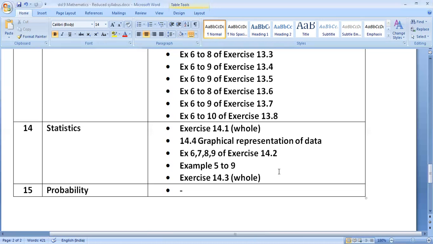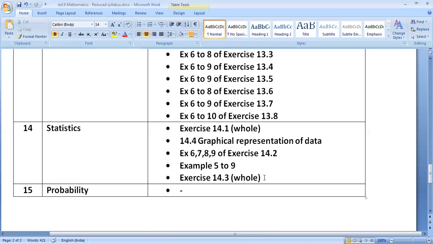Page number 258, the entire exercise 14.3 is excluded. It means you need not prepare for the graph in this particular chapter. Page number 261, 14.5, Measures of Central Tendency, which is important even for 10th standard. So this topic is included.